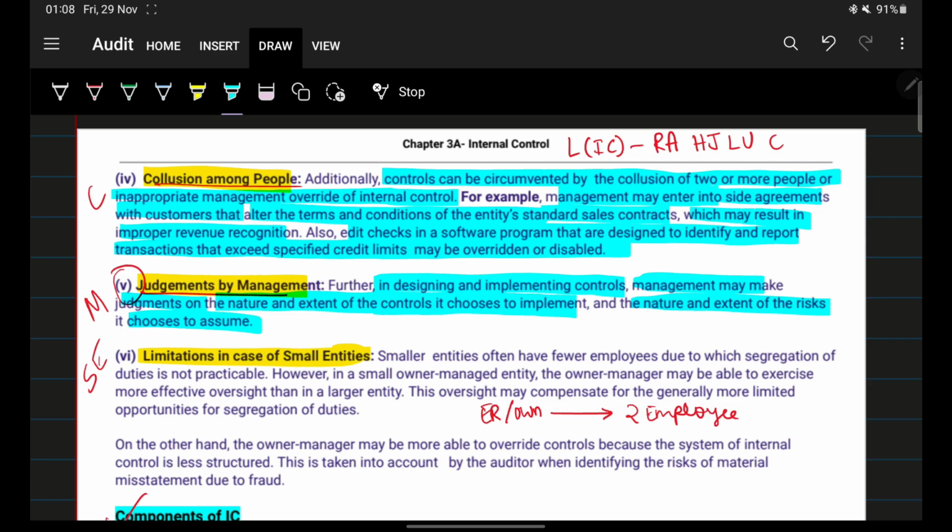So it might think that a particular place may not require that much control, so they might not have placed it. They might have thought it is not that material, but in reality it could be material, right? So those kinds of judgments by management could lead to limitations in the internal control.